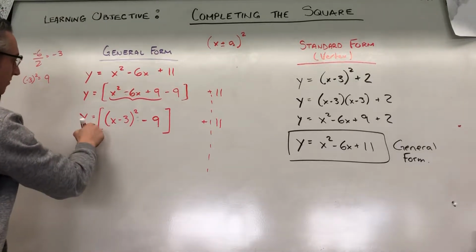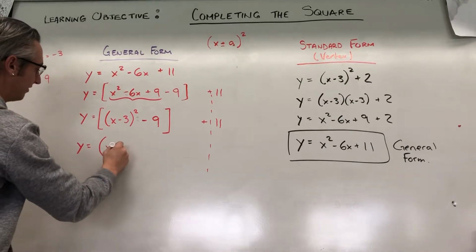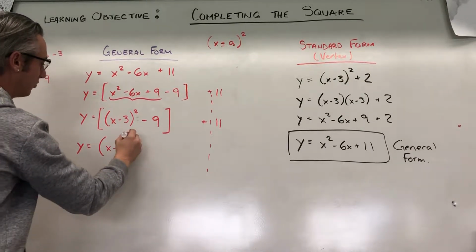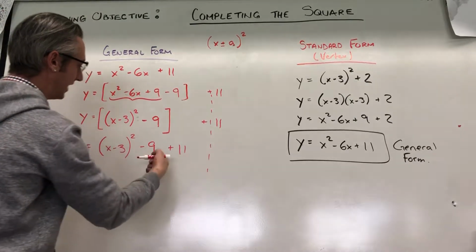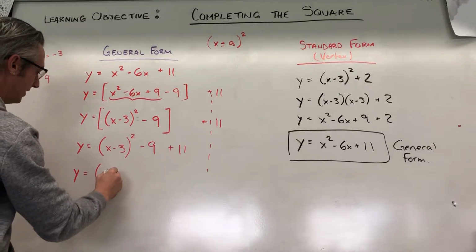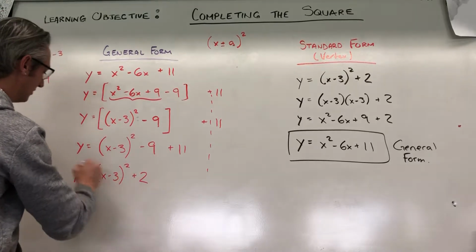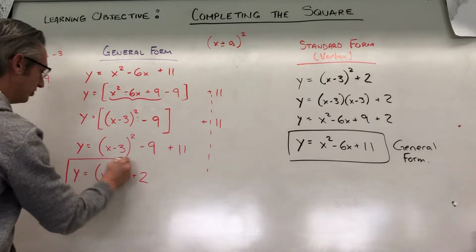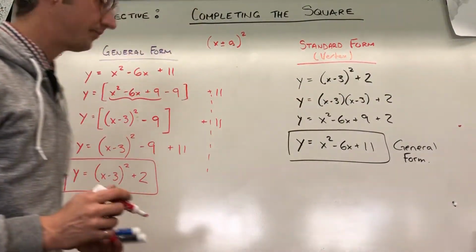Now, there's nothing multiplying into this that I have to worry about, so I can write this as x minus 3 squared minus 9 plus 11. I can bring the 11 in here and add it, which gives me x minus 3 squared plus 2. And this is my equation in standard form, which matches right there.